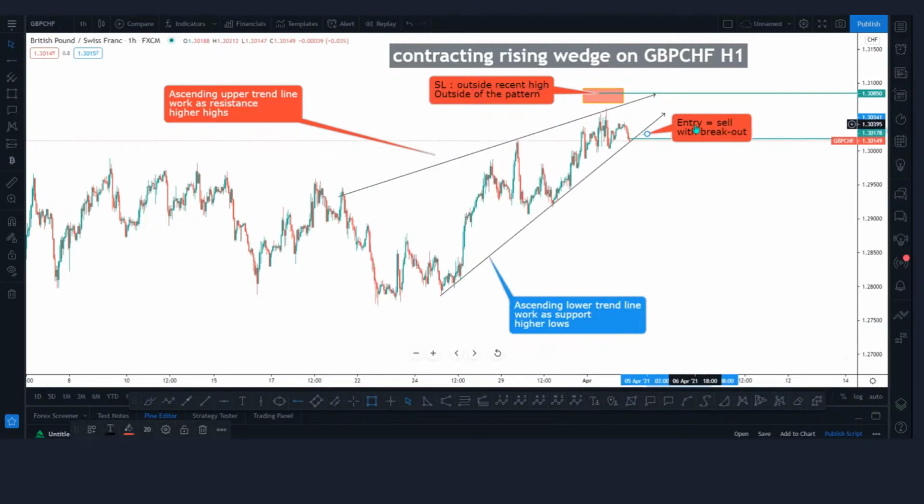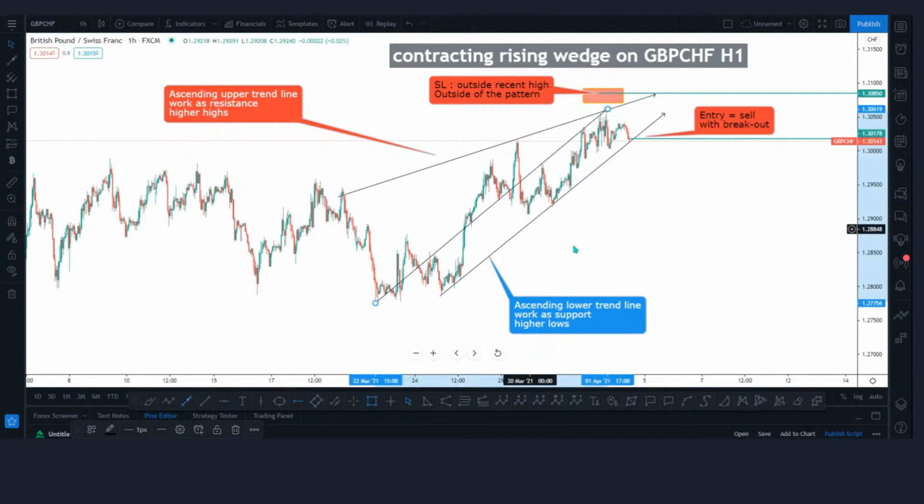Some people like to wait for a retest, or for it to just break and close outside. It's your choice, so it depends. Then what is the target of this pattern? You need to get your highs and lows to get an idea of what kind of wave you have right here. Highlight this low, because that's a potential first target.